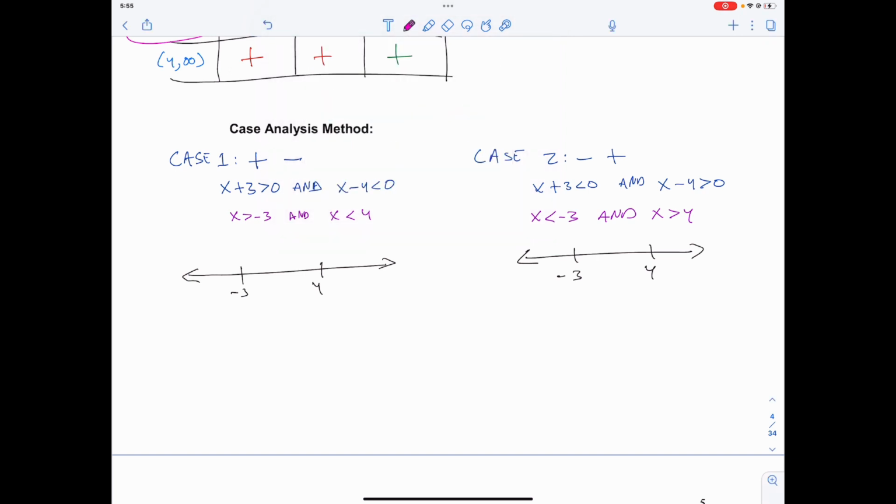Well, I'm going to have when x is greater than negative 3. I'm going to have when x is less than 4. And when are both of these things true? They're both true in this region.